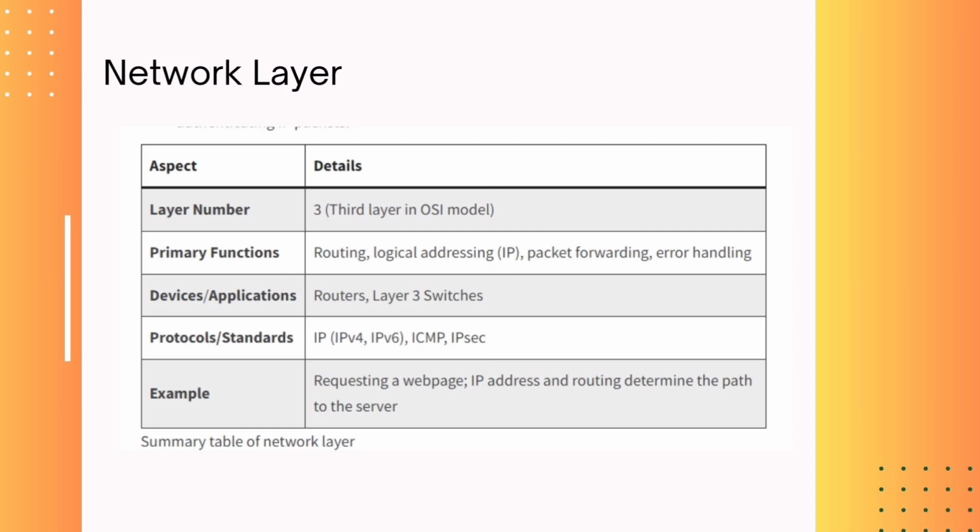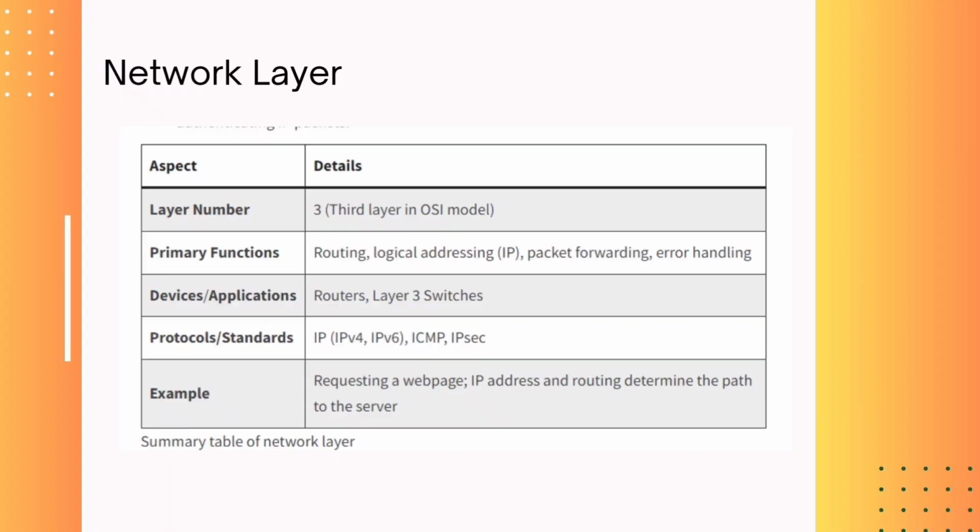So if we review the network layer, it is just like a GPS system which you turn on in your vehicle when you travel on the roads, and the GPS checks the routes and suggests the most suitable route from your home to your office, or from your source to the destination.